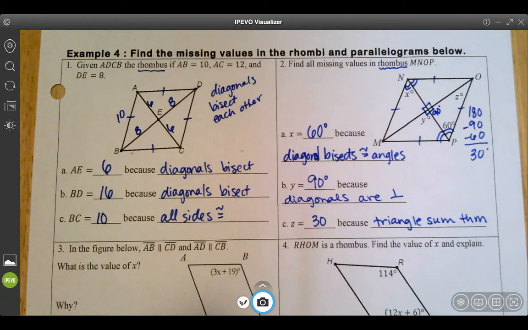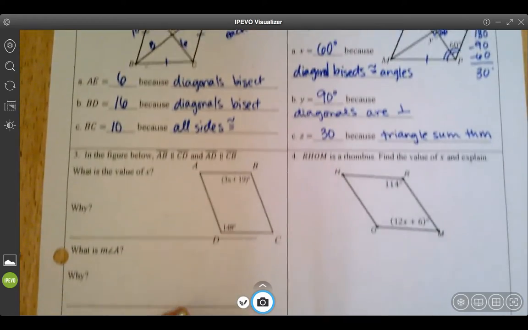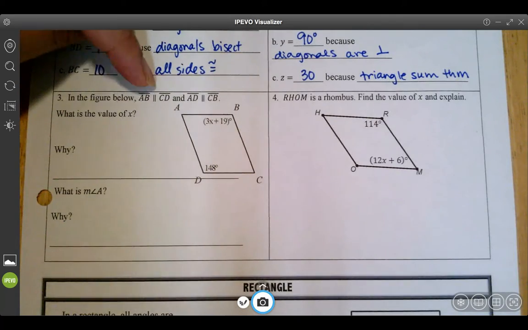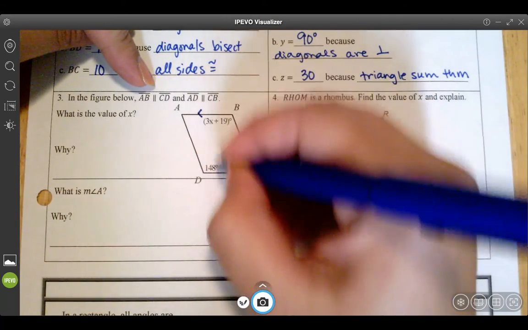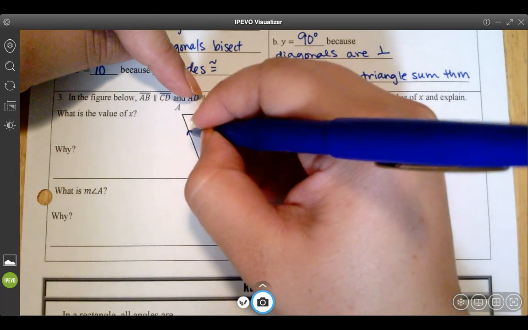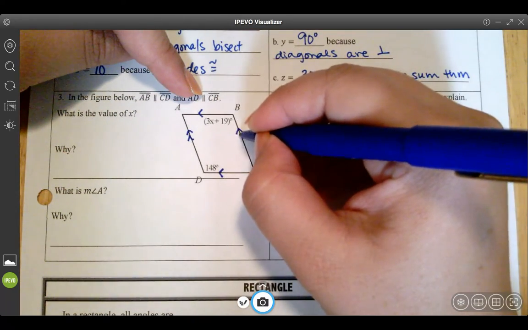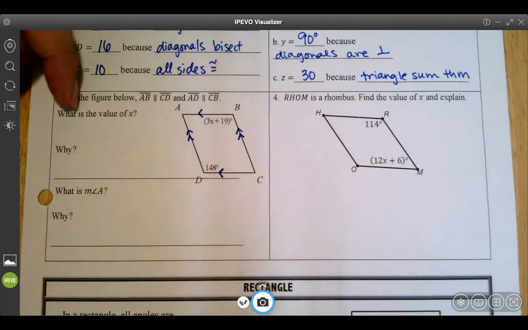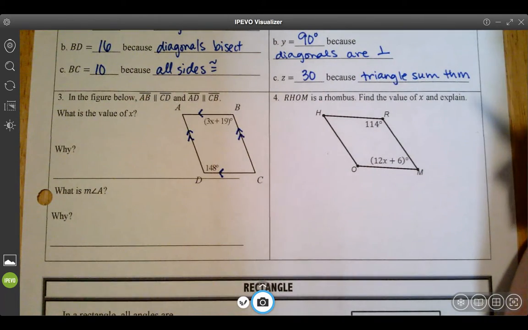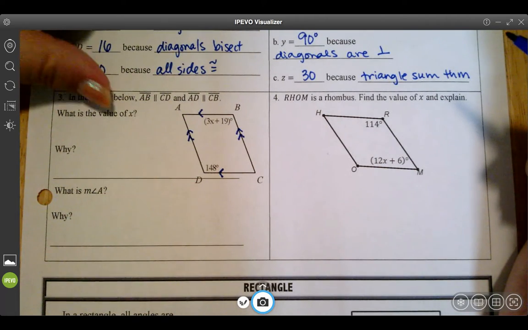Let's take a look at the next example. In the figure below, AB is parallel to CD. AD is parallel to CB. Find the value of x. Okay, so here we have a parallelogram because opposite sides are parallel. So how do we find the value of x?